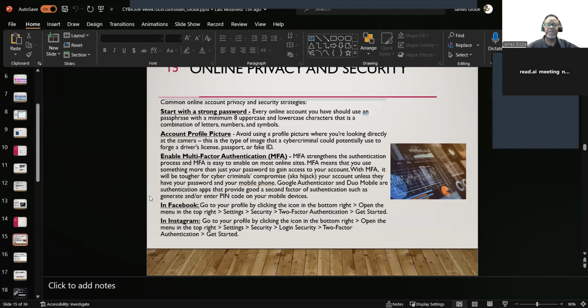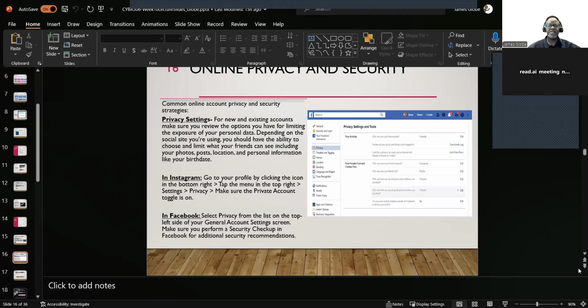Maybe consider limiting your account profile picture. Make sure it's not a close-up image of your face or likeness so it can't be reused. Enabling multi-factor authentication is the standard now and a must do. And then here are steps to enable multi-factor authentication on Instagram and Facebook.